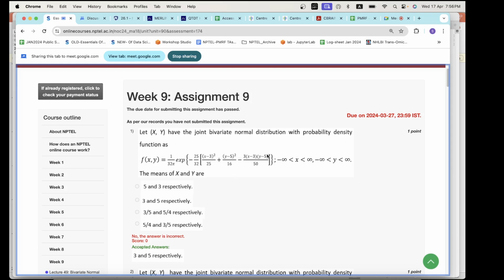This should be your rho containing quantity. All right, so then you have to make equations and find out what should be the values of x and y. Since it is the mean of x and y, this is sort of a shortcut, okay?